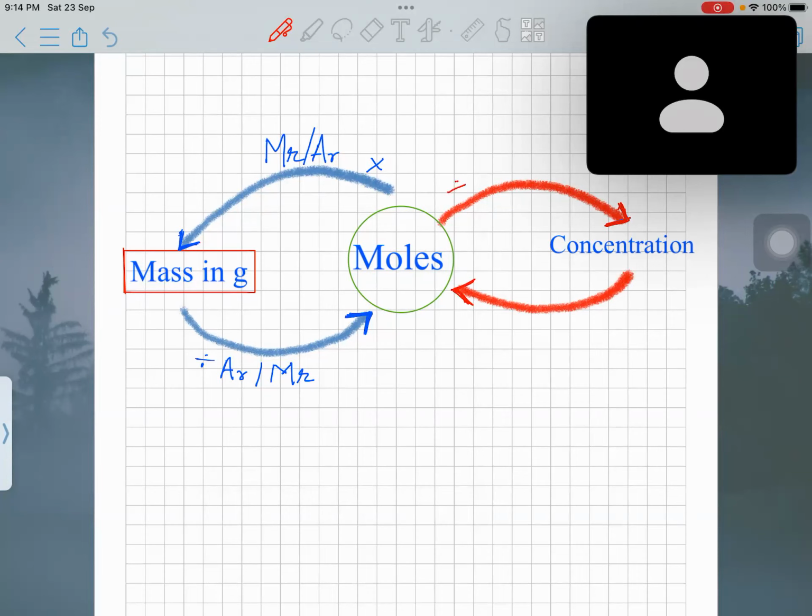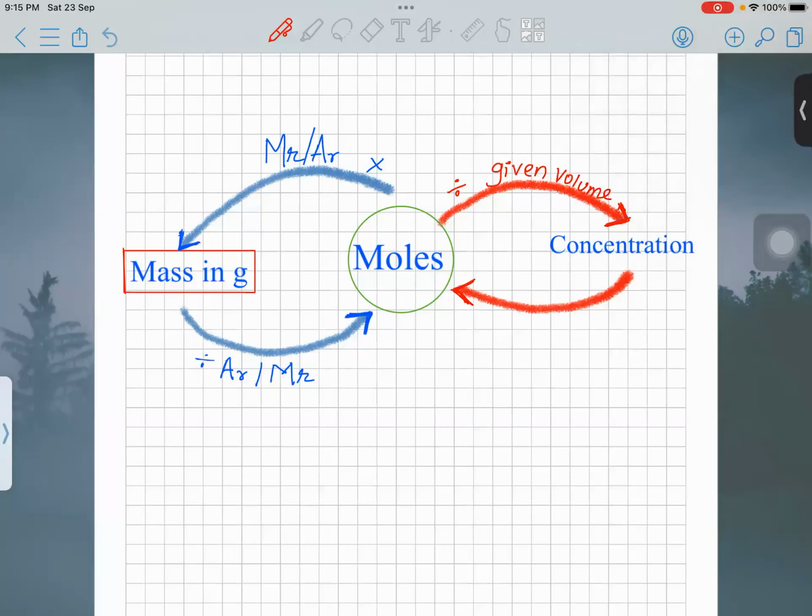When you divide by the given volume, if the volume is in centimeter cube, then divide it by 1000 to convert the volume into dm cube.